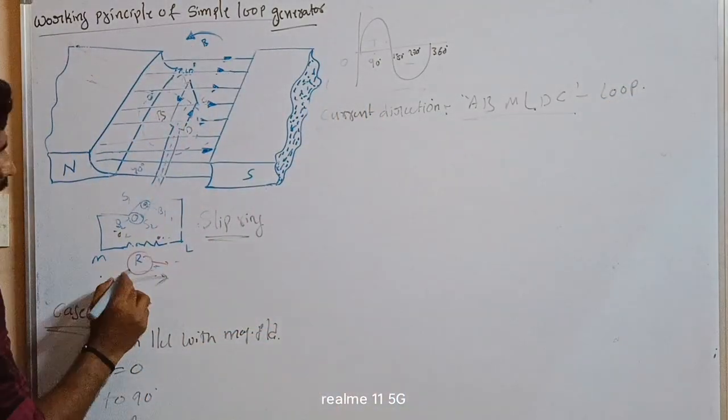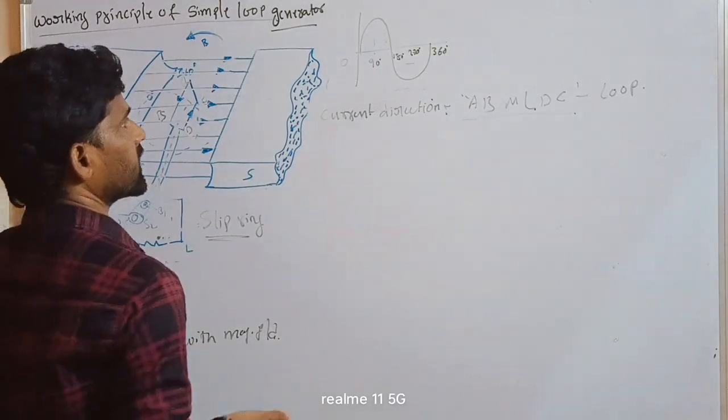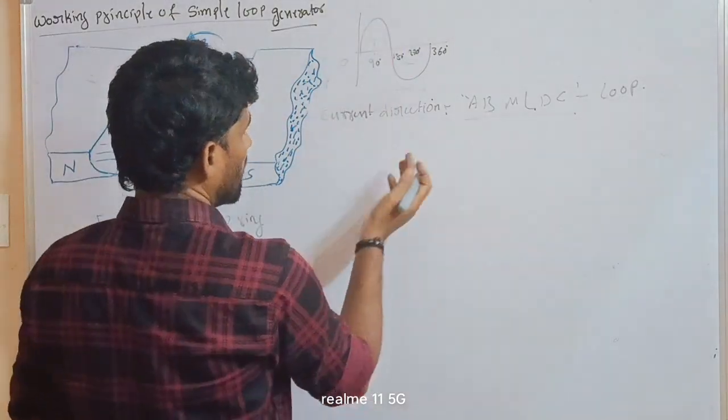So the current flows from M to L in this direction, the positive direction.